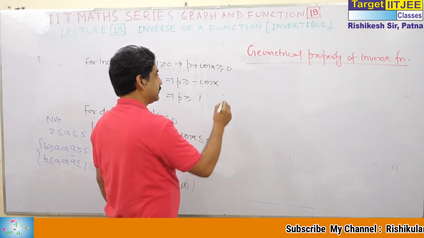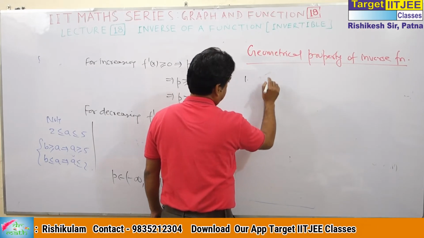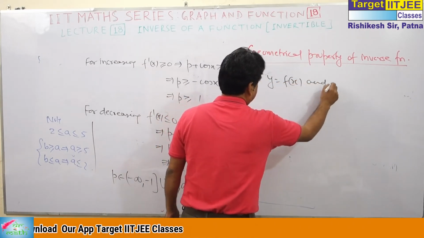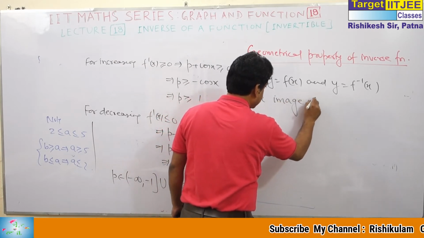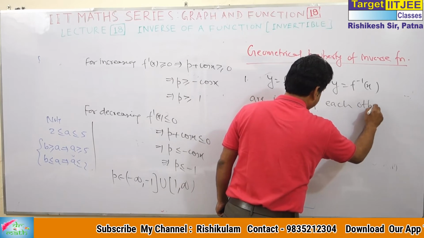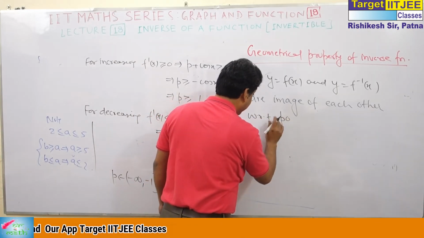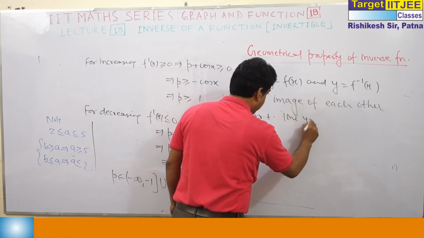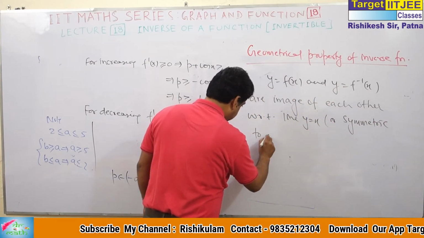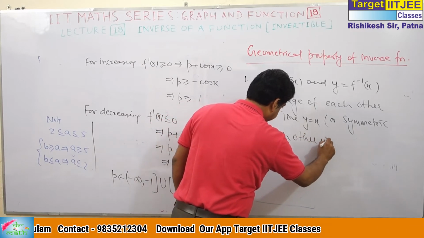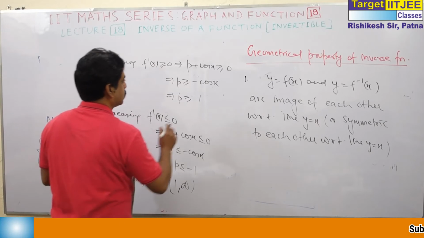I am writing two points here. The graphs y = f(x) and y = f inverse of x are images of each other with respect to the line y = x, or you can say symmetric to each other with respect to the line y = x. What does this mean? This is the first property.